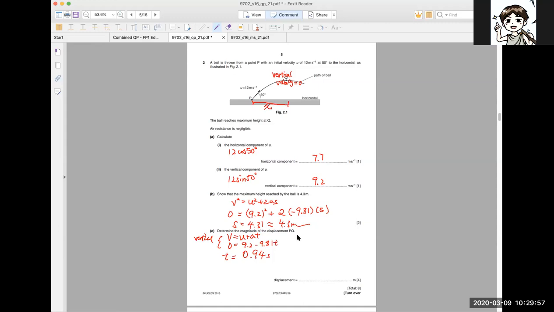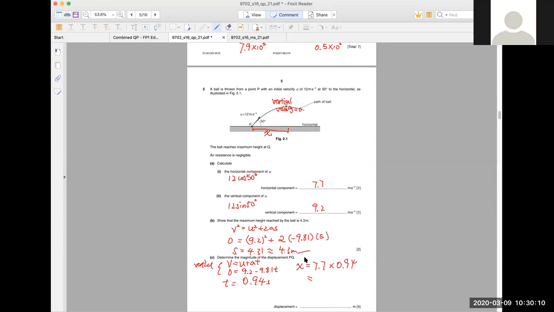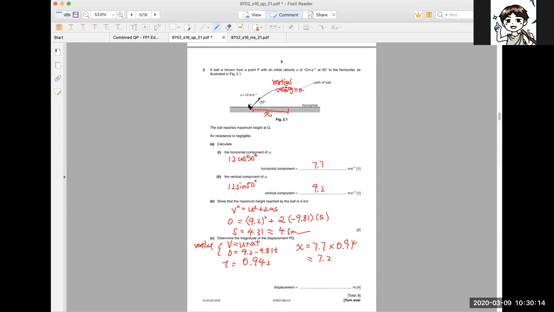For the horizontal displacement X, you use the horizontal component times the time. You get 7.2 meters. For the displacement P to Q, you use the Pythagoras theorem. So the displacement is the square root of 7.2 squared plus 4.3 squared.